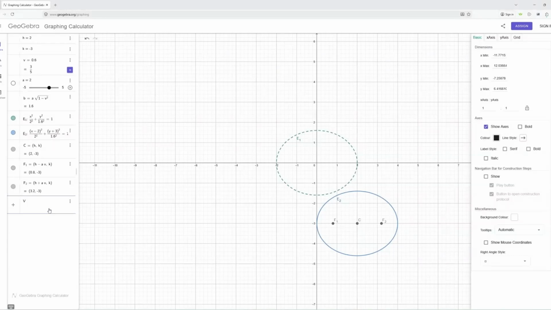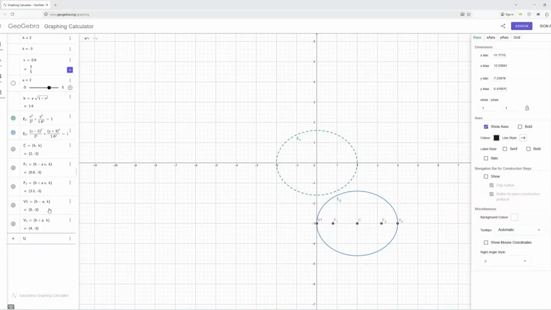The vertices, one of the vertices occurs at the point h minus a, k. Another vertex occurs at the point h plus a, k.